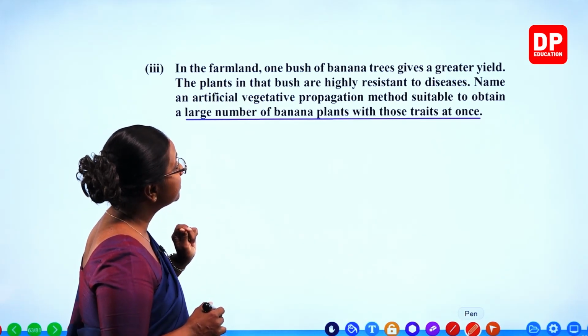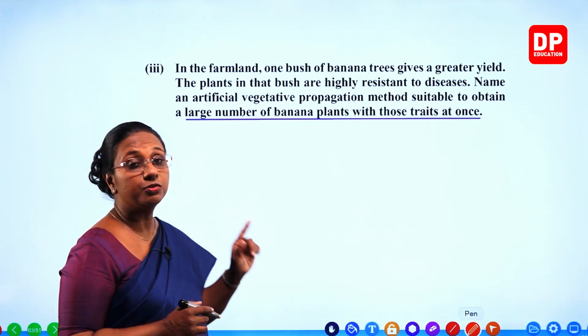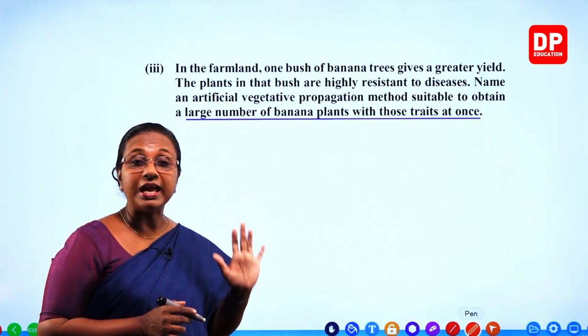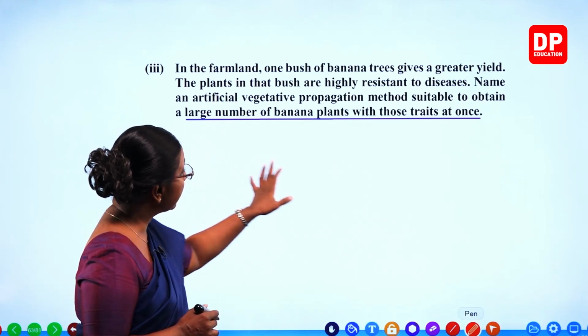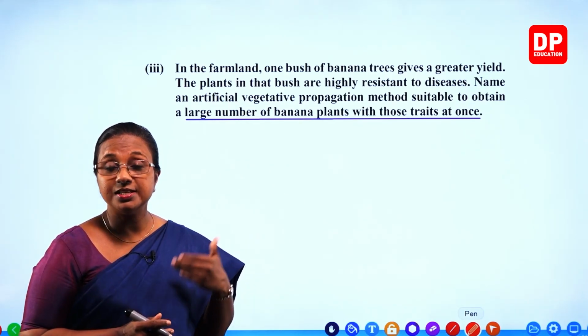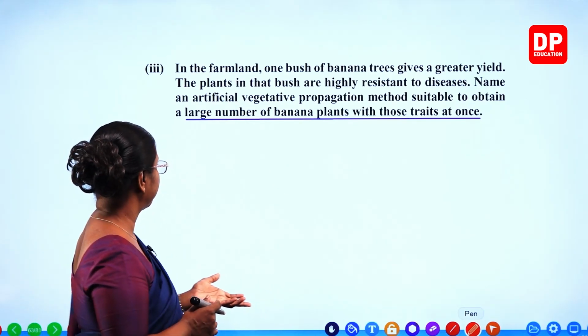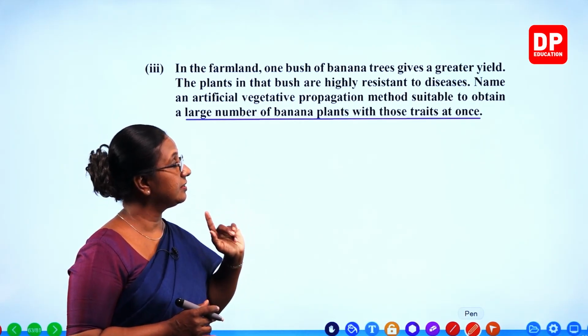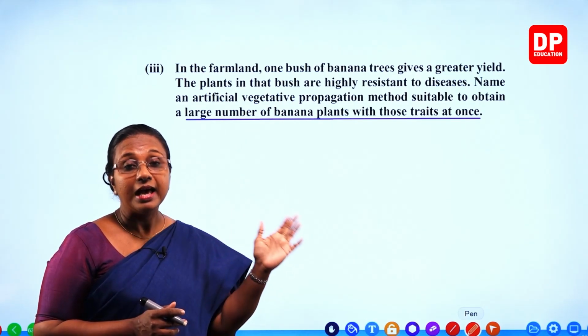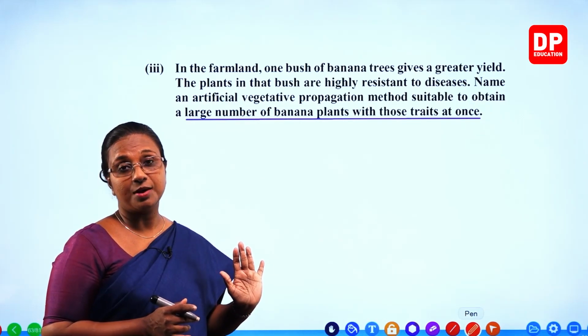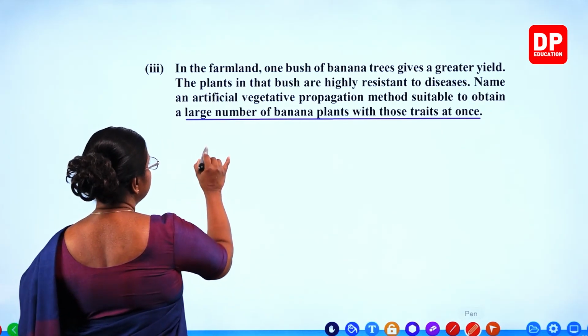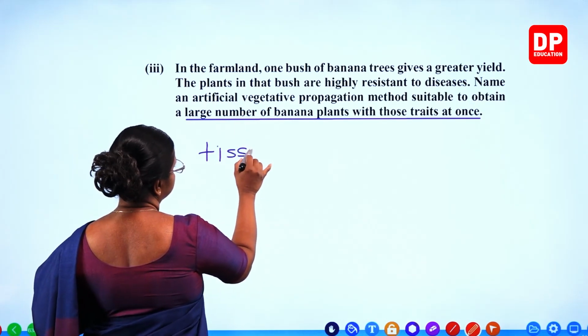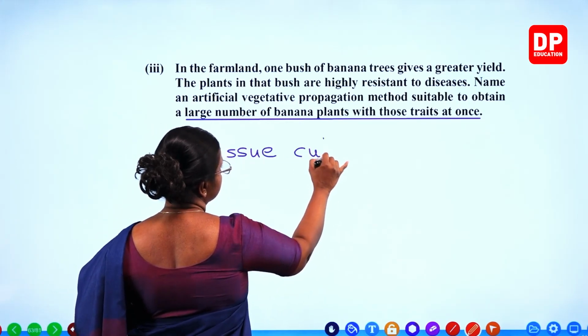They are highly resistant to diseases. So that is a good trait. To get that trait, you need to get the same type of plants. So it's easier to carry out tissue culture. At a time, you need a large number of plants. So it has to be tissue culture.